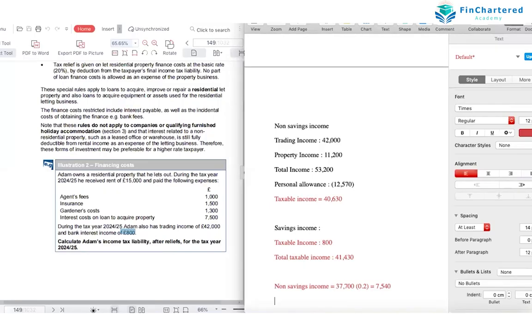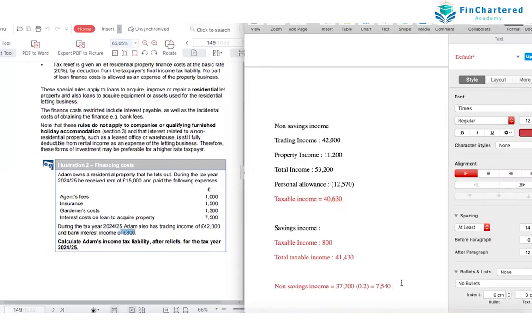Then anything in excess of that, how much is the excess non-savings income? 40,630 minus 37,700 is 2,930.